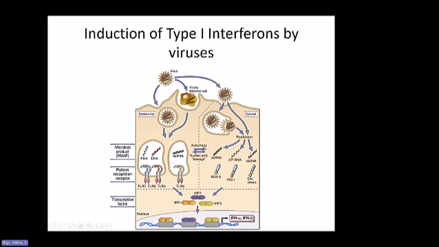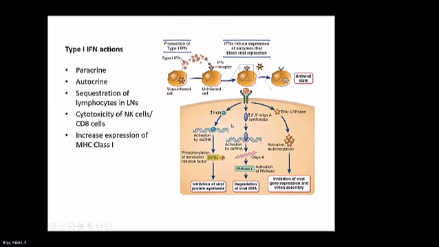We talked about all these PRRs. The end result is they help in production or activation of interferon response factors, or IRFs. Those transcription factors go to the nucleus, bind to the promoter regions, and lead to the transcription of type 1 interferons that prevent other cells from being infected by the virus.